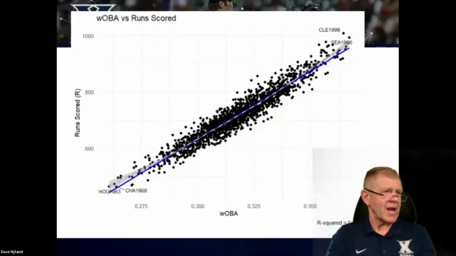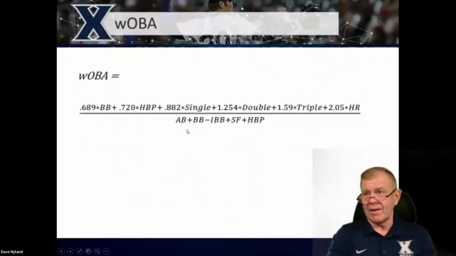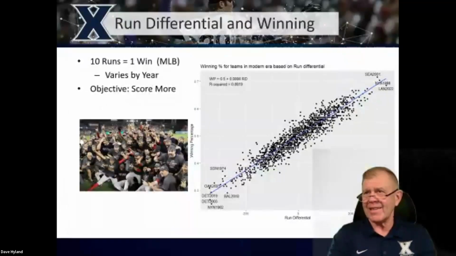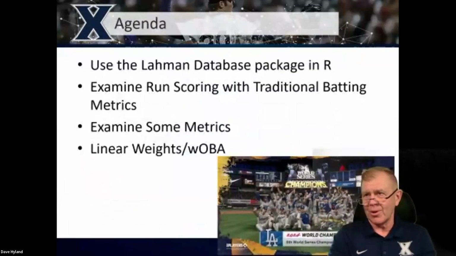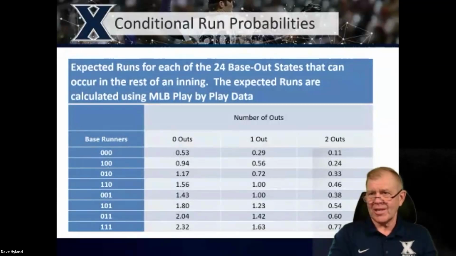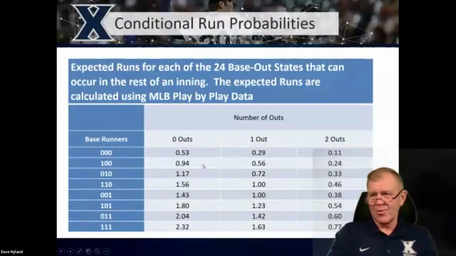Matthew says, what other application can I use with RE24? The cool thing about the RE24, and the book goes through it with such precision, is that, for instance, we could say, look, I've got a runner on first.